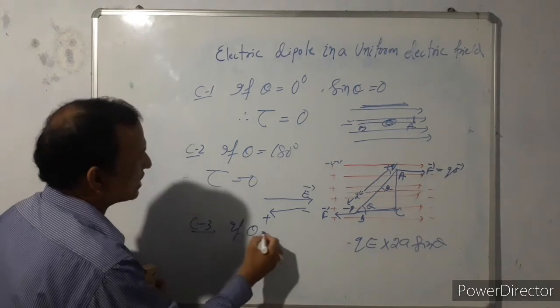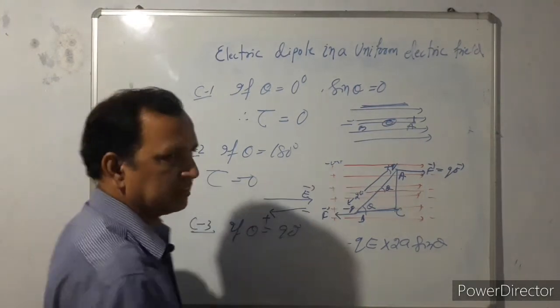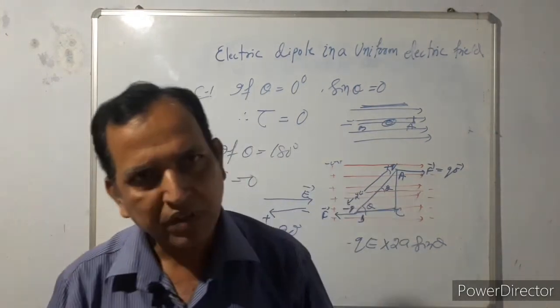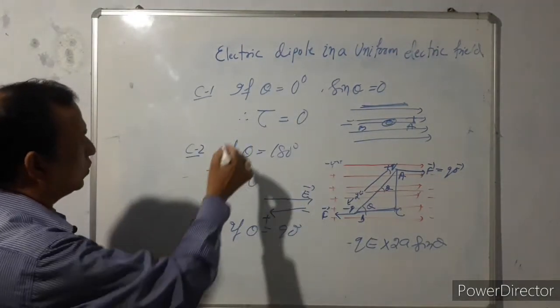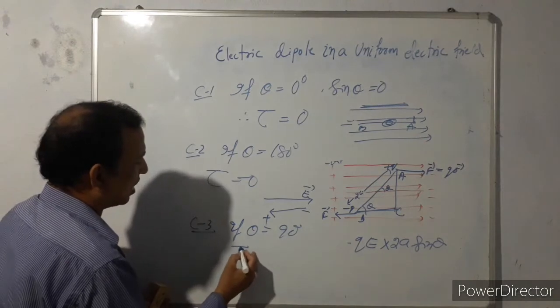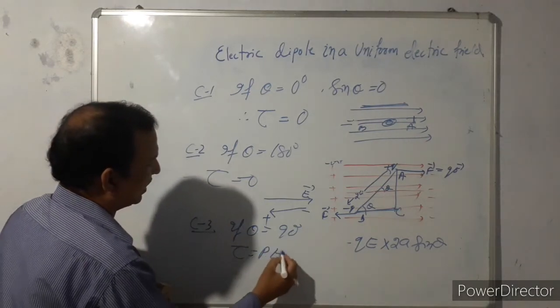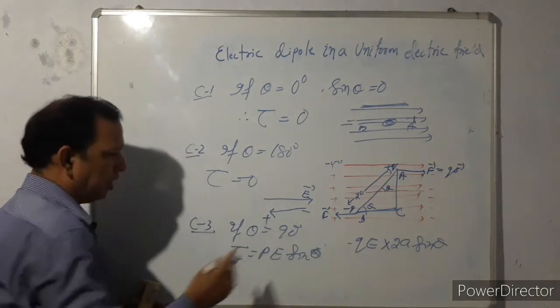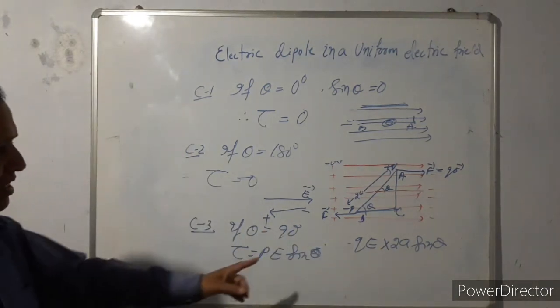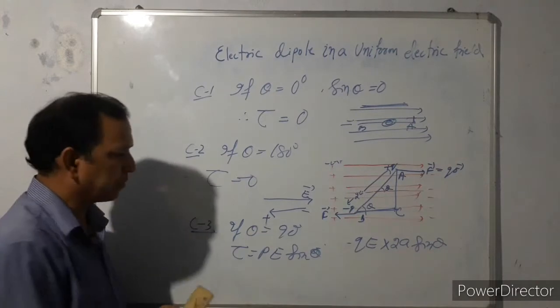Case 3: if theta is equal to 90 degree, what is the term P E sin theta? Sin 90 means 1.